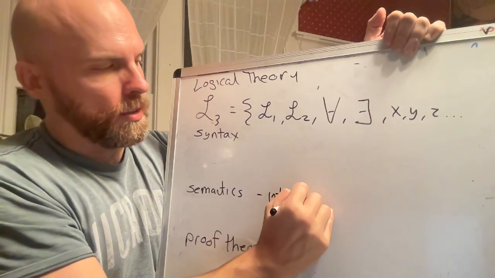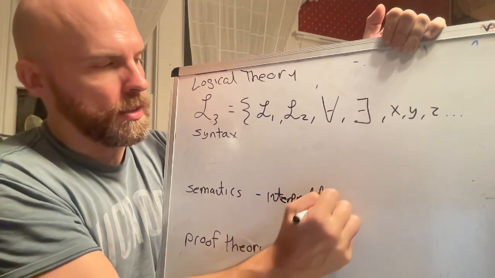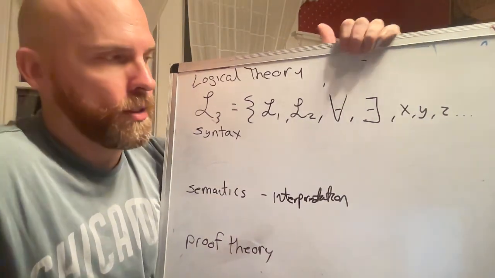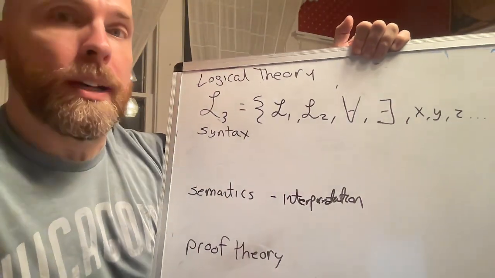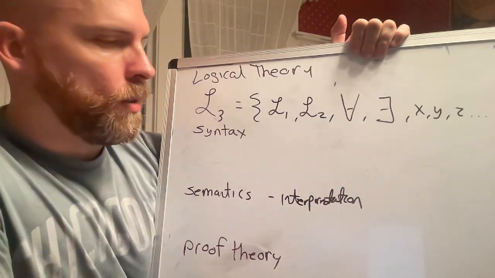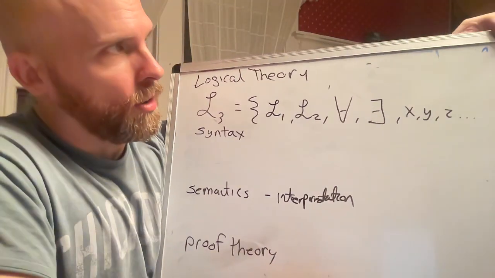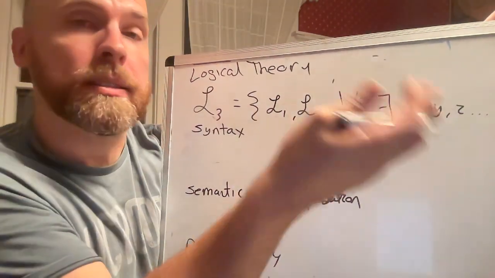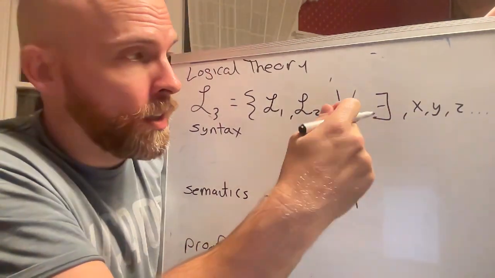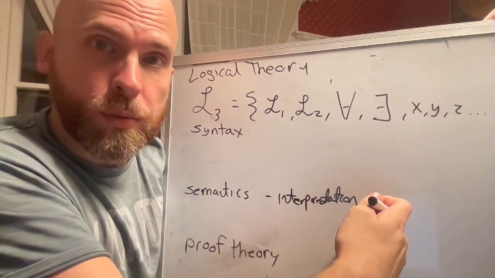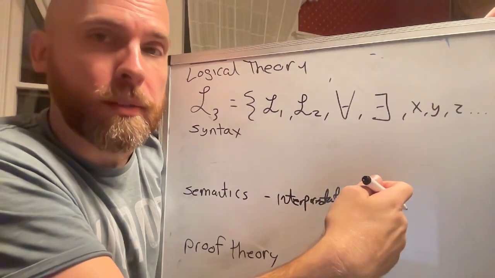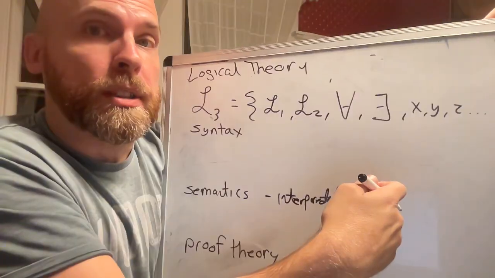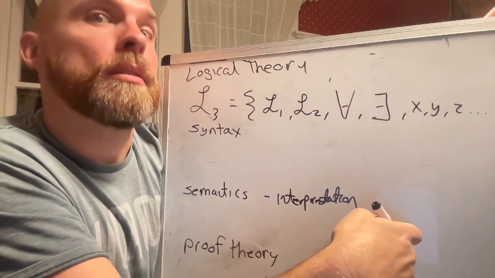Now we're going to be discussing the proof theory. This system, L3, as with L2 and L1, is sound and complete. That is to say, if you can prove something in the language, then it's true in an interpretation, and if something is true in an interpretation, you can prove it.